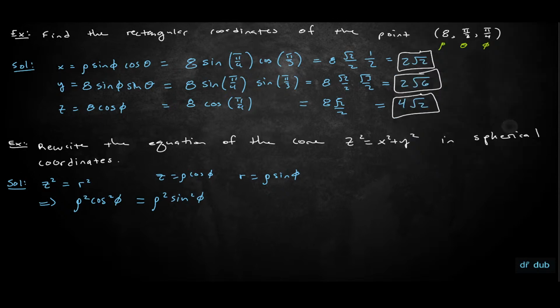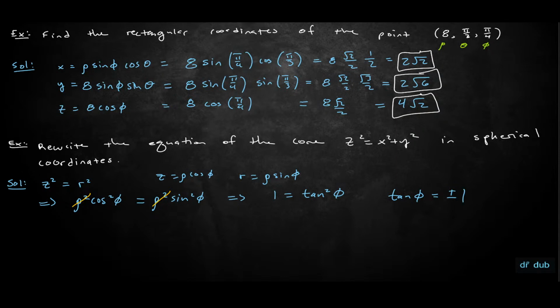And I can cancel the rho squared, which will give me 1 equals sine over cosine is tangent squared, so tangent squared phi. Or sine squared over cosine squared is tangent squared phi. So that means tangent phi equals plus or minus 1.